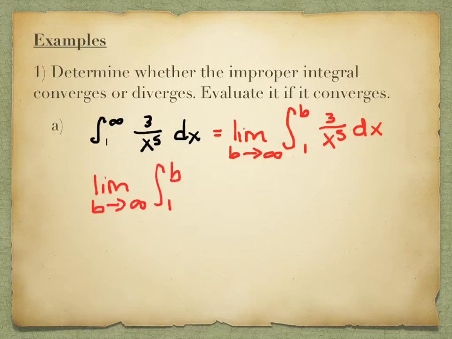So we have from 1 to b. What's a more helpful way to see 3 over x to the 5th written? 3x to the negative 5. That's more helpful for taking an antiderivative, right? All right, so what's the antiderivative of 3x to the negative 5?